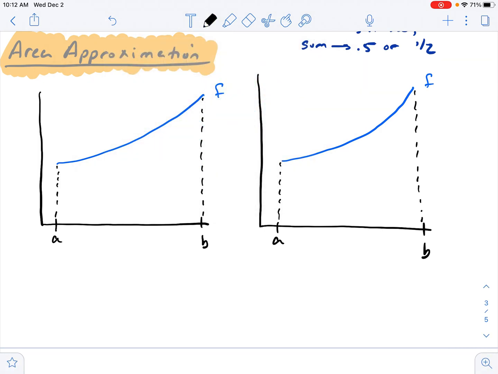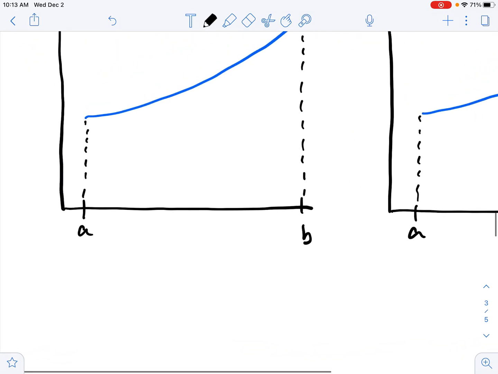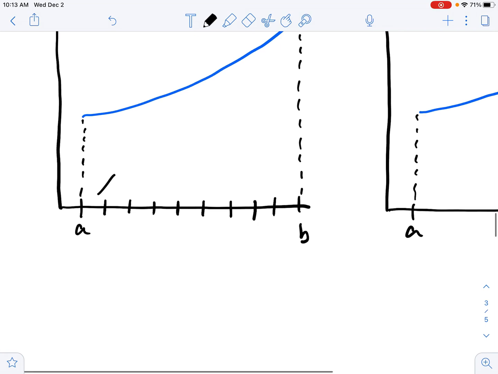So one way that we can approximate the area under a function is to draw rectangles. So what I'm going to do is take the entire interval from a to b and slice it into some number of subintervals. So these guys are called the subintervals.